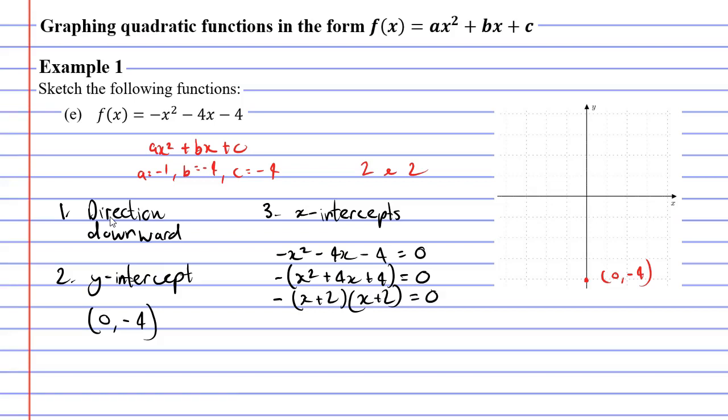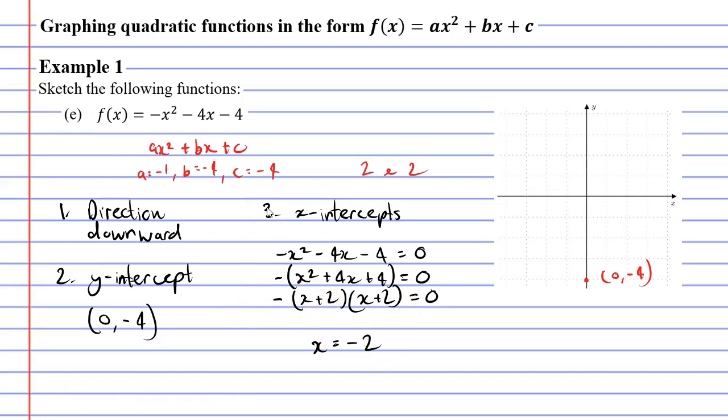Now to find my solutions, I just look at my brackets and try to make them equal 0. And we can see that that will occur when we make x equal -2. And that's the same for both sets of brackets. So technically we're only getting one solution because this one solution can be used for each set of brackets.